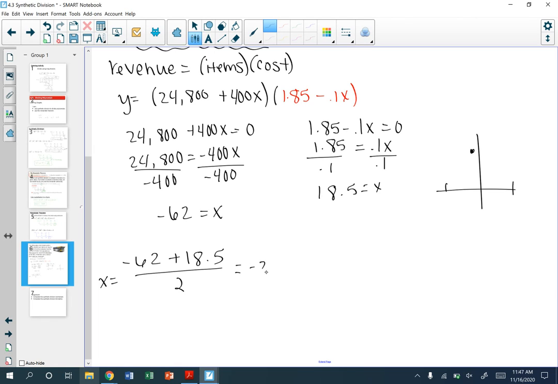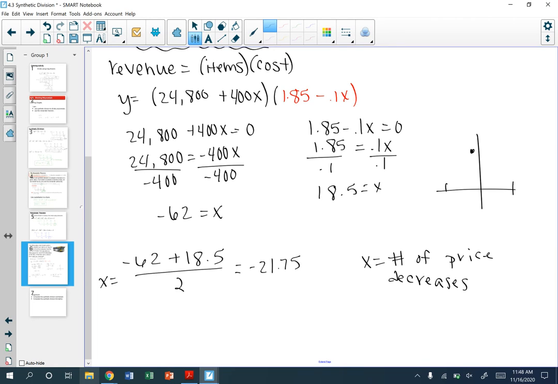We get negative 21.75. This is something we're not used to, seeing this as a negative, because x stands for the number of price decreases. So what does that negative value mean?